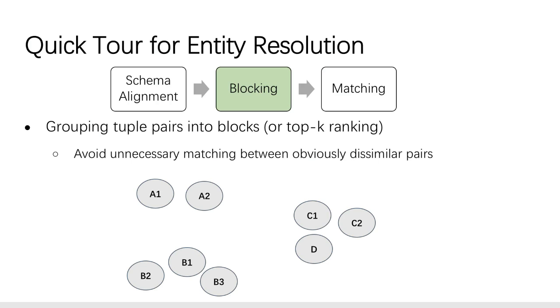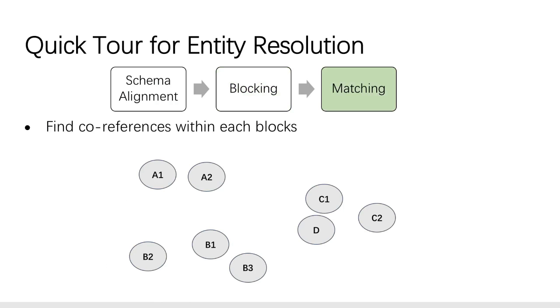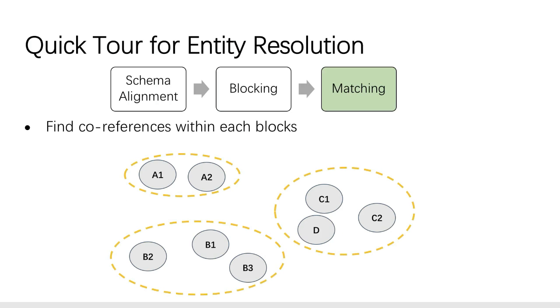Blocking tries to group tuple pairs into blocks such that we only need to do the matching within each block. This reduces the number of comparisons we need in the matching, and this step is quite crucial to scale up entity resolution to large datasets.